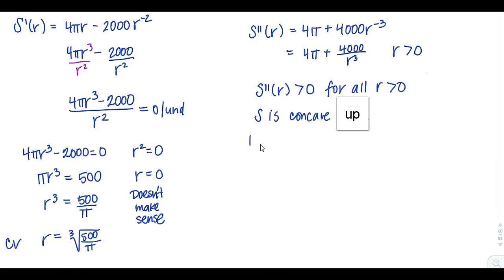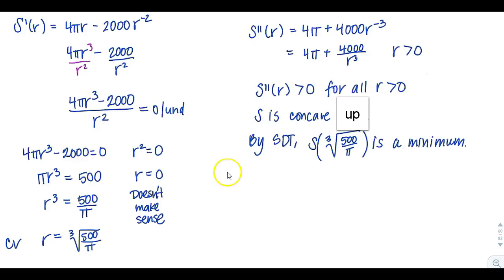So by the second derivative test, so I'm going to say by the SDT, our function s of the cube root of 500 over pi is a minimum. So we've justified it, we've showed that this is a minimum, but now we have to make sure and answer the question. The question asked us what dimensions will use the least material.